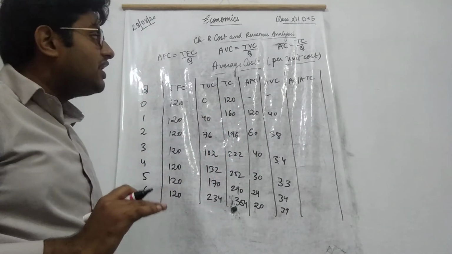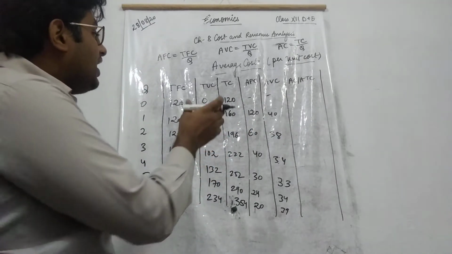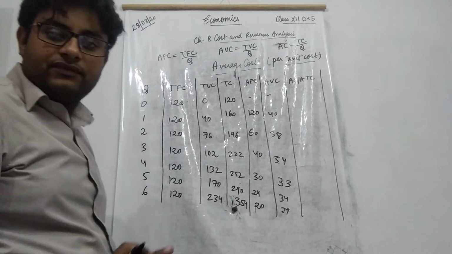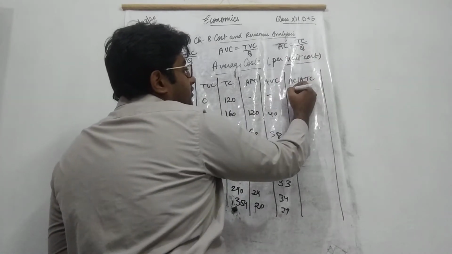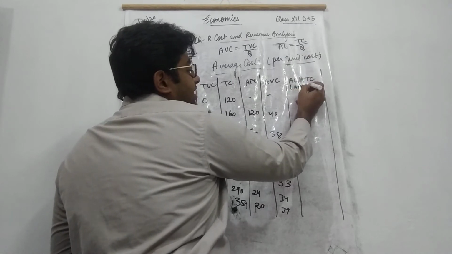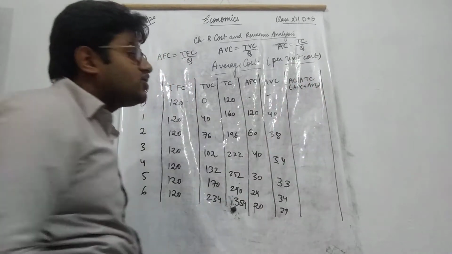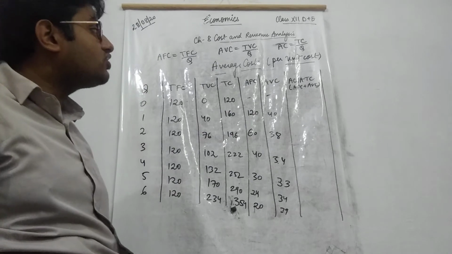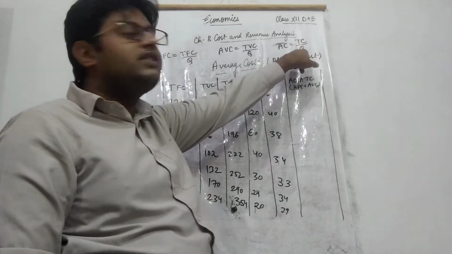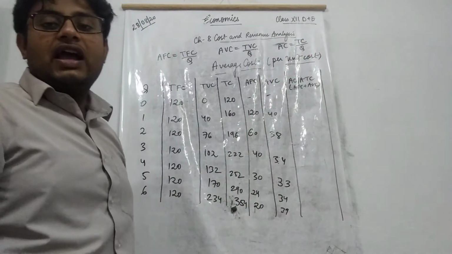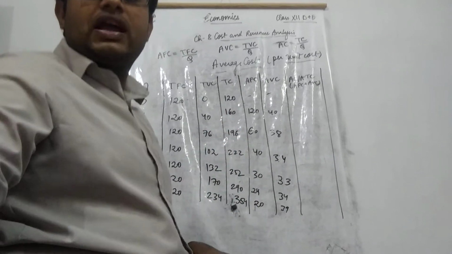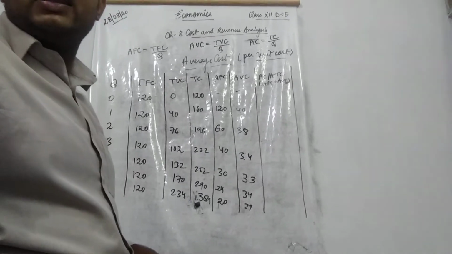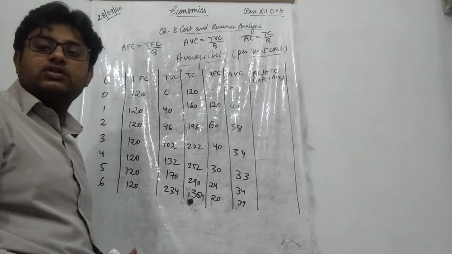The other way is you can add AFC plus AVC to get the average total cost, or the average cost. So whatever method you find easy, you can resort to that method.